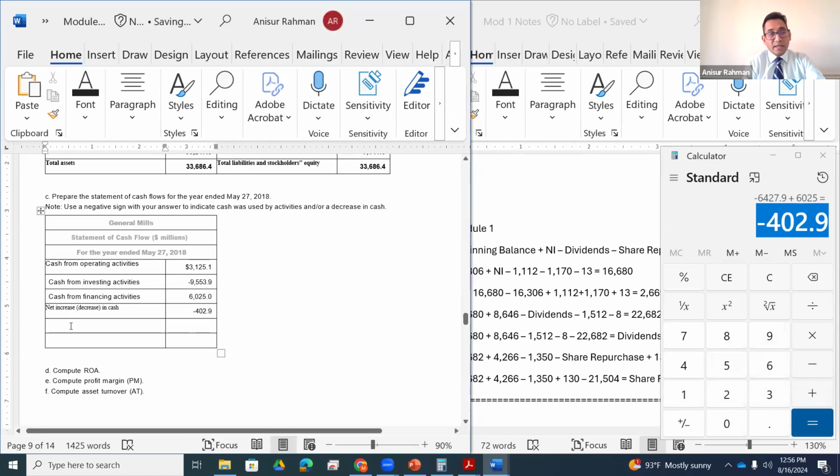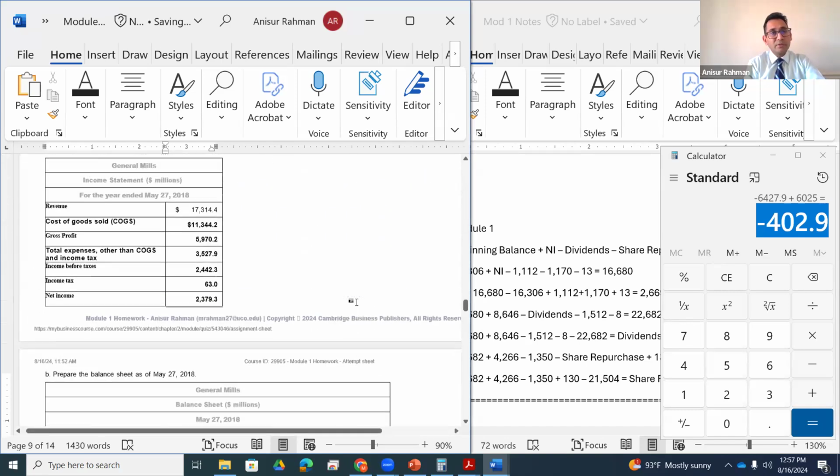Now we have to add to this the beginning cash. Let's see if we have it here.